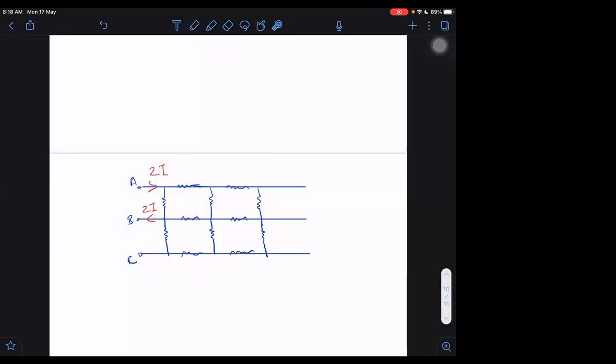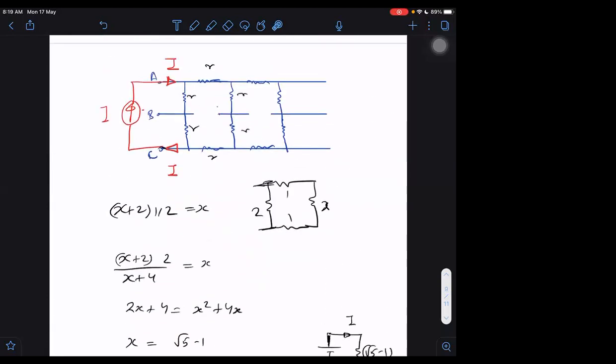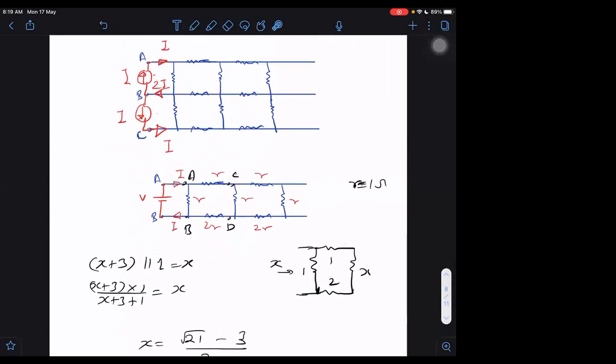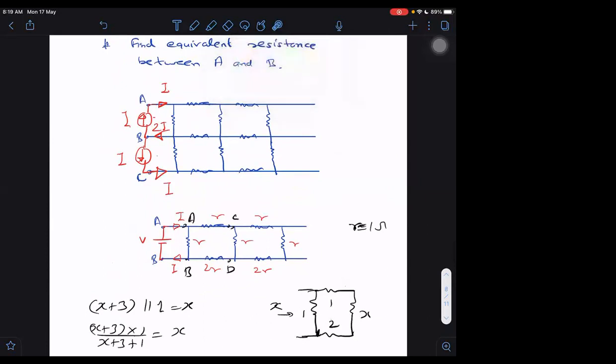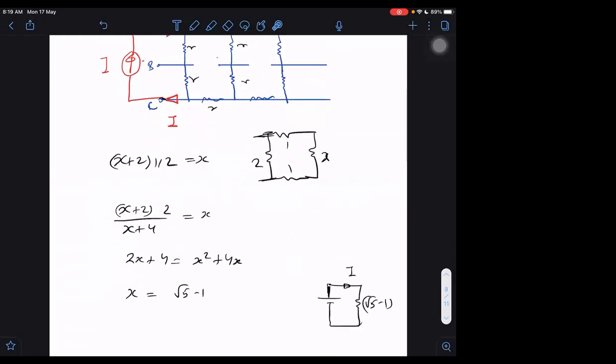Those will be 2I and 2I, right? By the superposition theorem. And how are the batteries connected here? This current is I, coming back as I. If I add these current sources together, let's say these were current sources only, this is I to I, and this is becoming 2I.